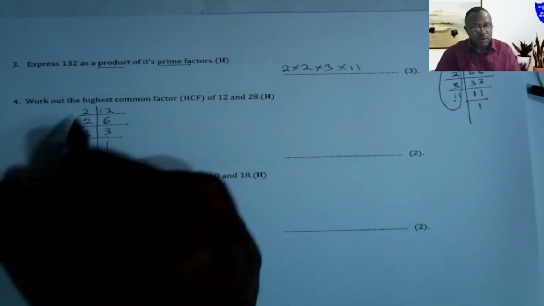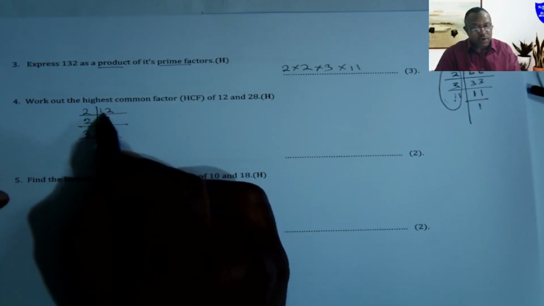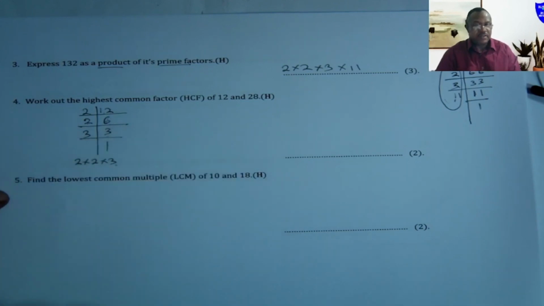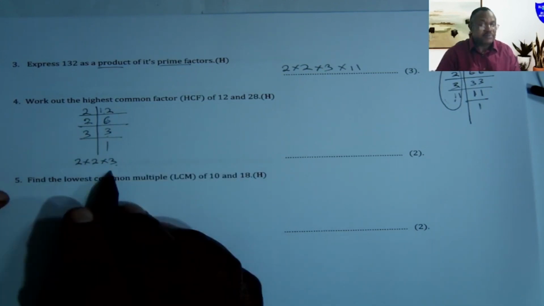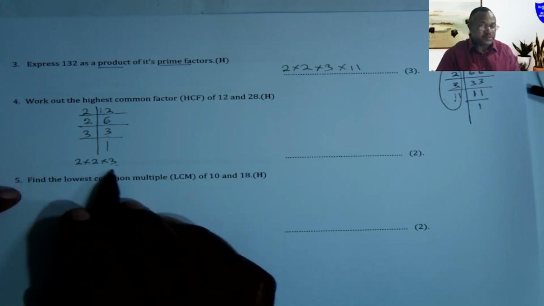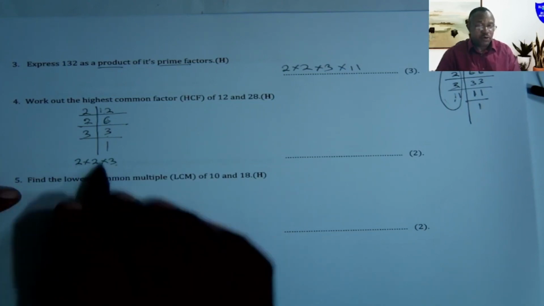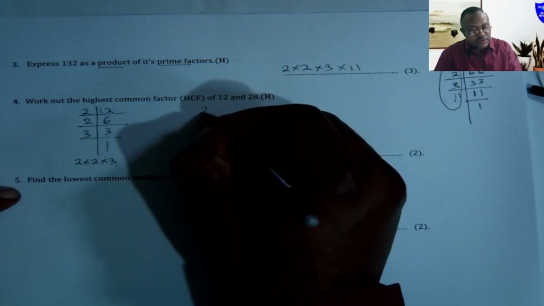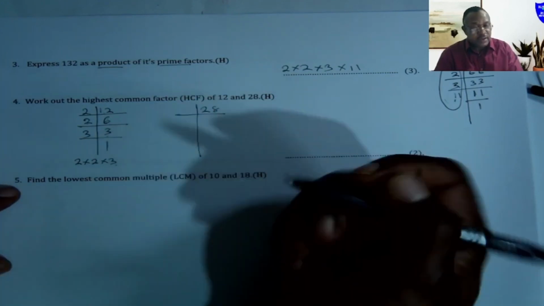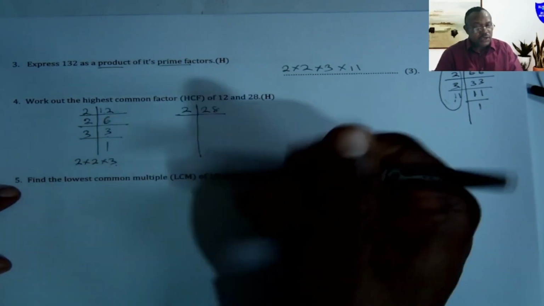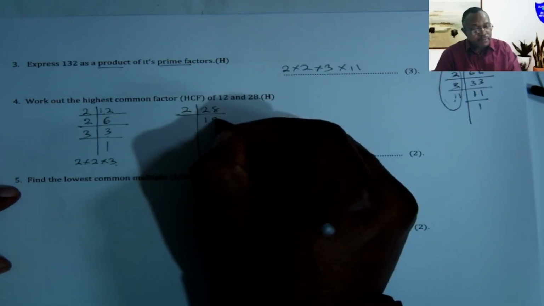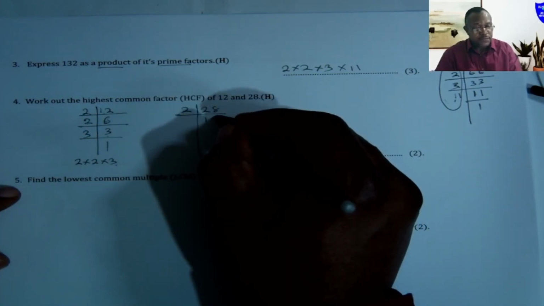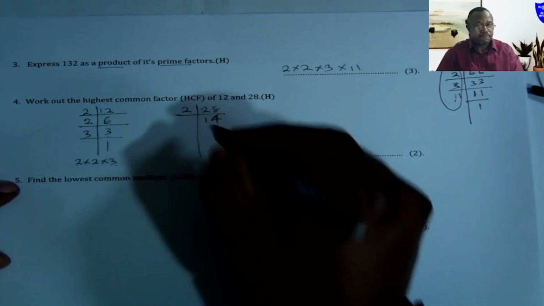So the prime factors of 12 are 2, 2, and 3. I am now expressing 12 as a product of its prime factors. And I'll do the same for 28. So I'll write 28, draw a line there, then start with the smallest prime number, which is 2. 28 divided by 2 gives us 14.